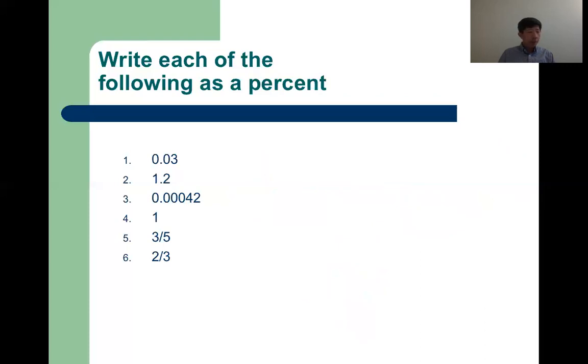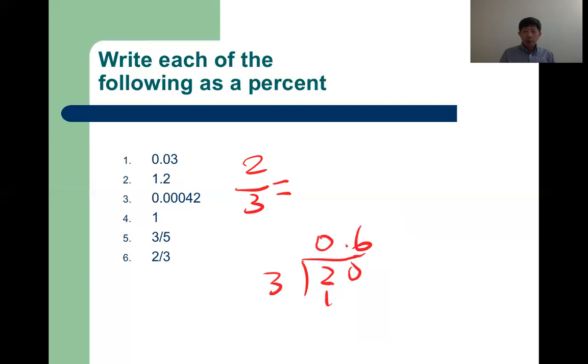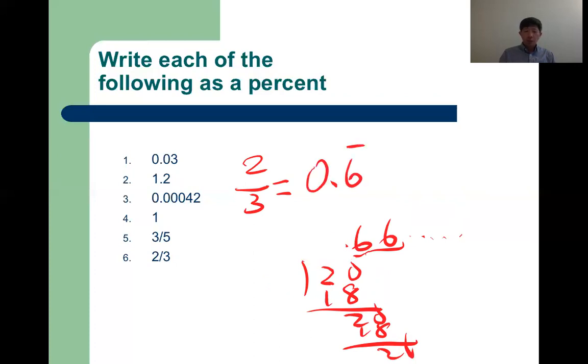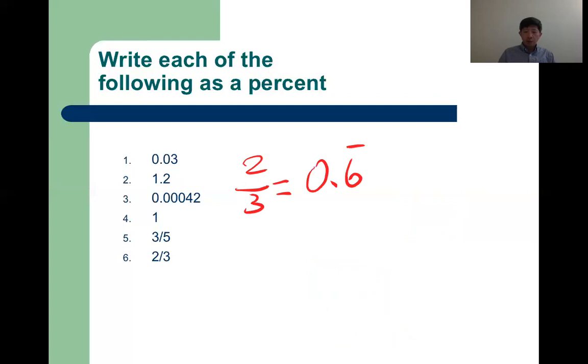And next is 2/3. Now 2/3, if I take this and divide 2 by 3, we get 0.6 repeating, right? It is 0.666 and so on.